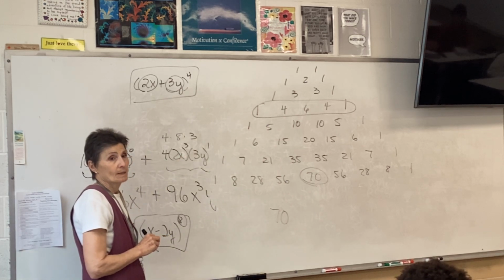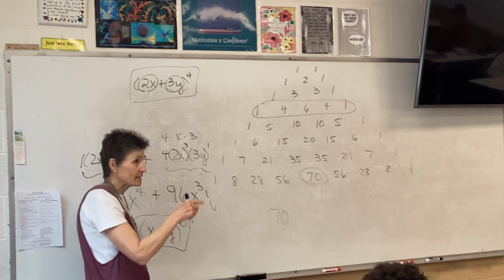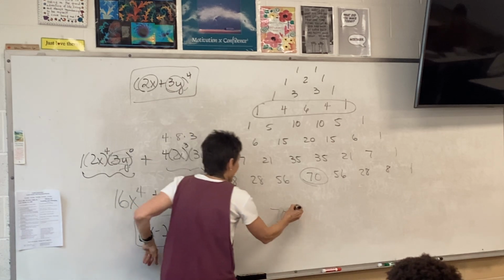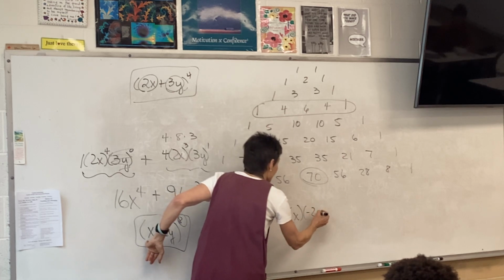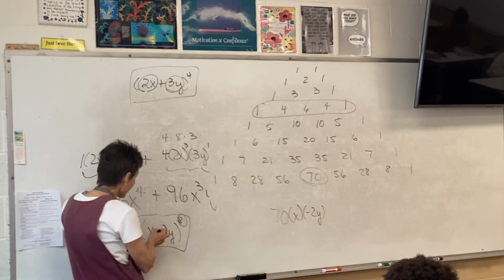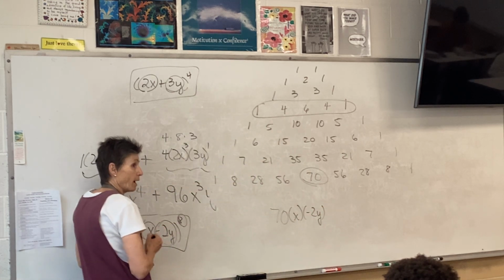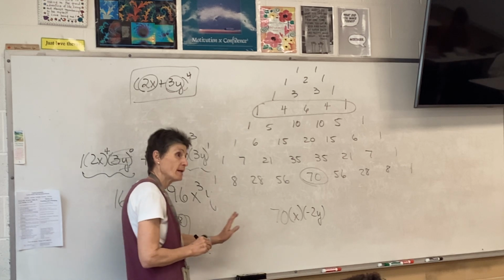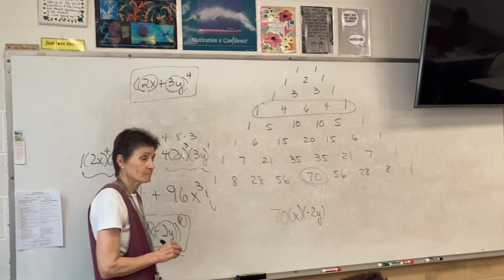Next to the 70 will go our x and y. In this case, it's an x and a negative 2y. When I put the exponents on, I just count down, right?